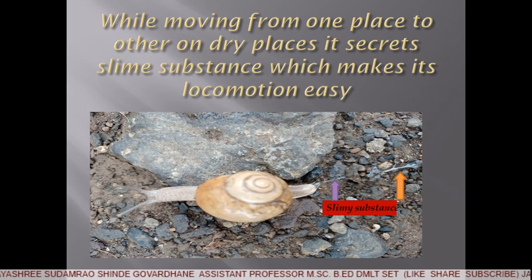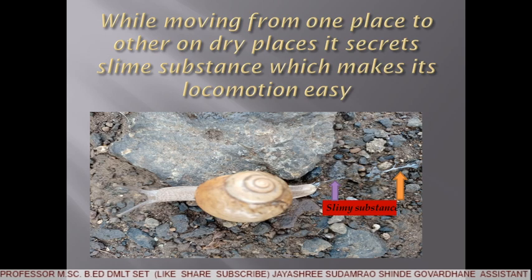To move from one place to another easily over a hard surface, see in this picture, over a hard surface or dry surface, it leaves a silvery substance or slime. It can swim in water also with the help of snout and tentacles.